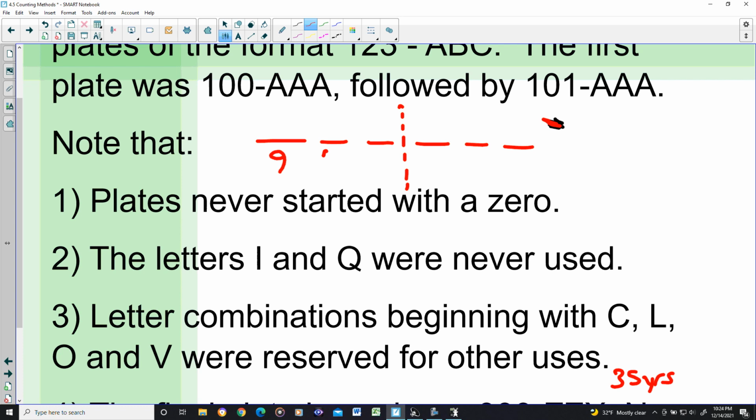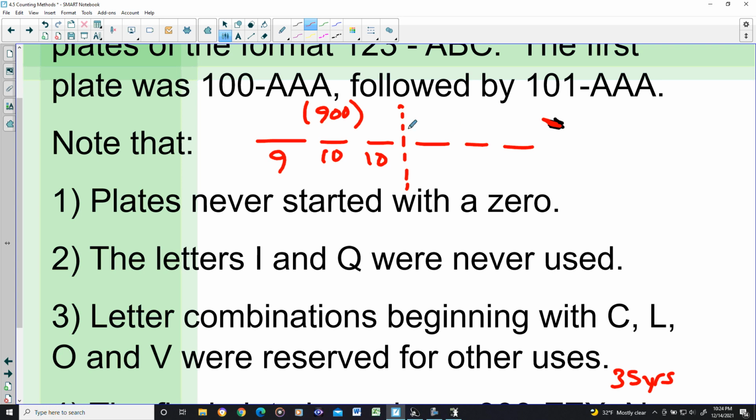No restrictions. 10, 10. So altogether, this is 900. That means there were 900 plates issued for each letter combination. So there were 900 AAA plates, 900 AAB plates, 900 AAC plates, and so on and so forth.